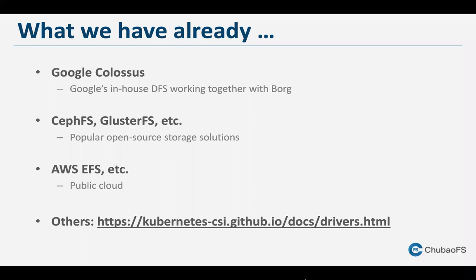On the open source storage solution side, we have CephFS and GlusterFS together with a bunch of other open source projects. From the public cloud side, we have something like AWS EFS, which can also be used to support cloud native apps.